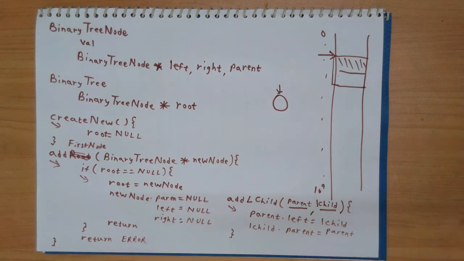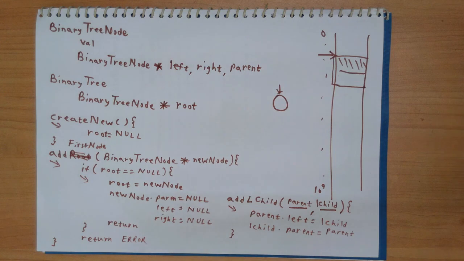Here we are not checking if there is anything existing as a left child for the given parent. So if there is anything existing, that will be replaced. And we are not concerned if the L child itself has any subtree, any descendants. If they exist, they get attached. That's the way this add L child function would work.